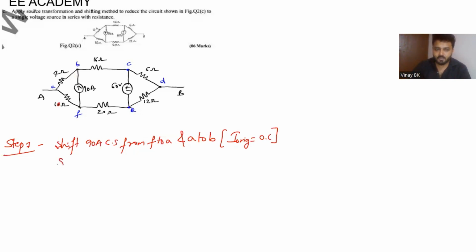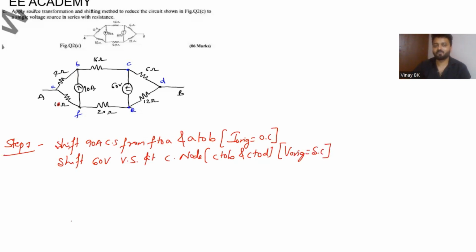Similarly, shift the 60 volt voltage source to node C, that is from C to B and C to D, and the original voltage source becomes 0, that is nothing but a short circuit. I hope you're getting this point.